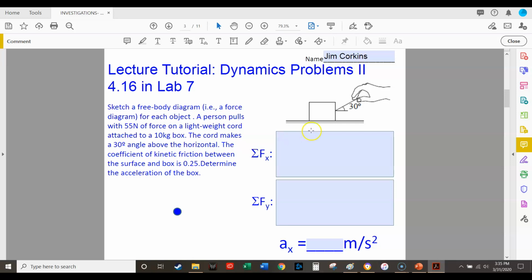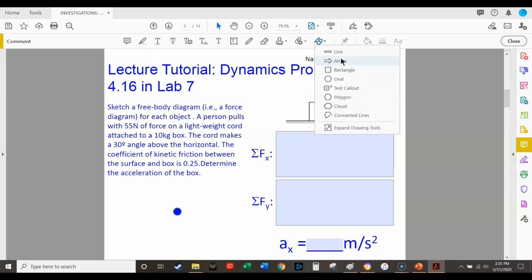It also has friction, which is going to be parallel to the surface and opposite the direction of the velocity. It's being pulled up and to the right by a string, so it's going to have a tension force working on it. I'm going to go ahead and draw those now.